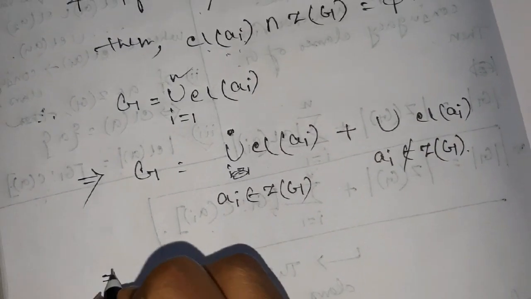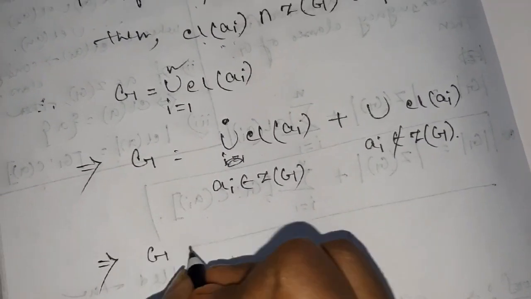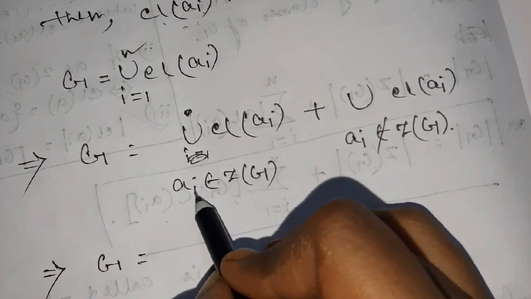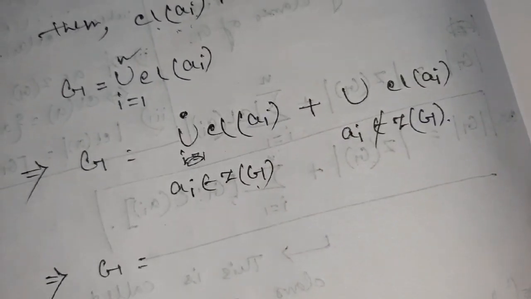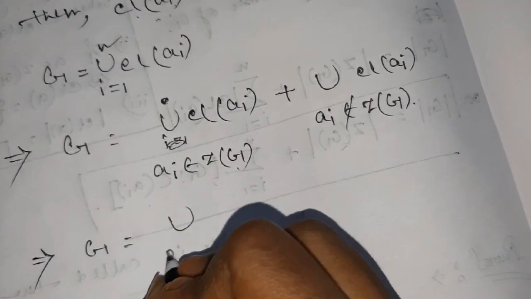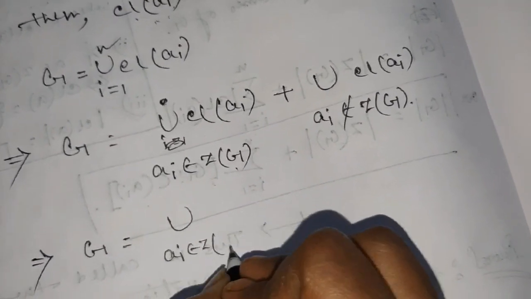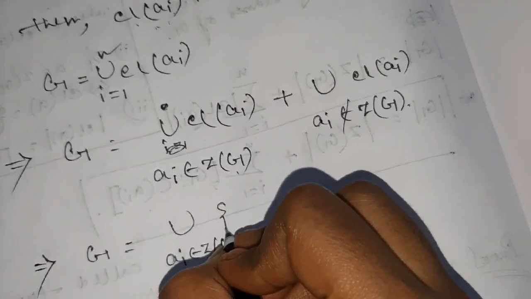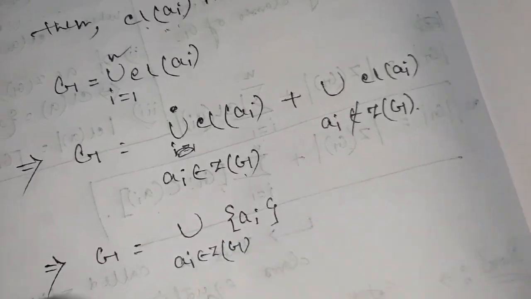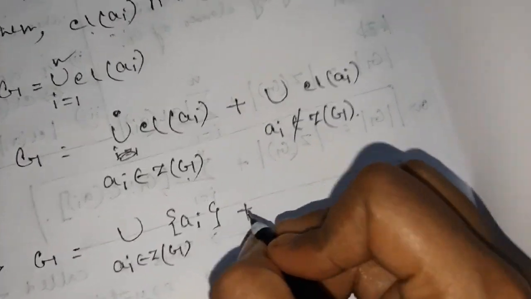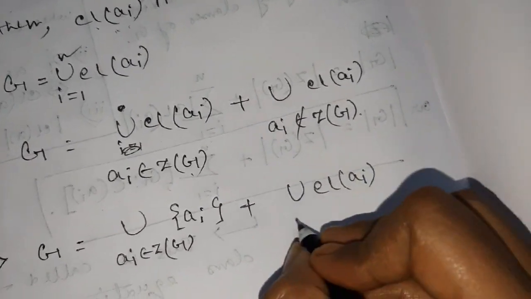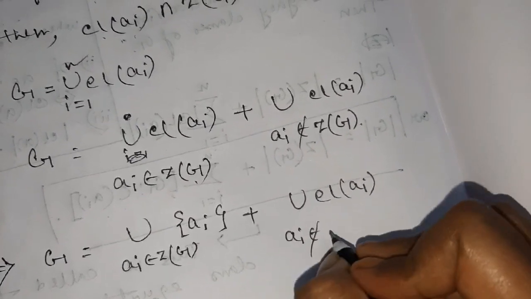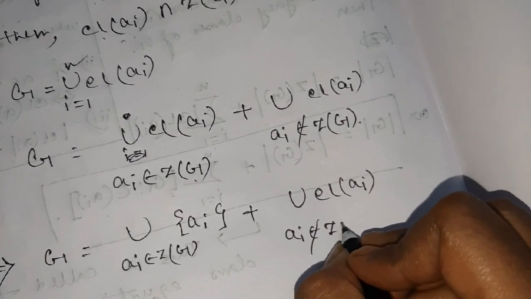We can write G in this way. Now implies G equal to, if my AI belongs to ZG, then this class of AI will give what? Singleton AI. So union AI belong to ZG singleton set AI, okay, plus my all those AI which does not belong to ZG.